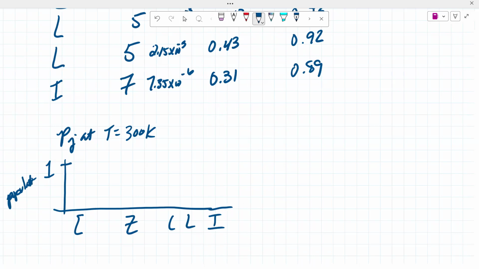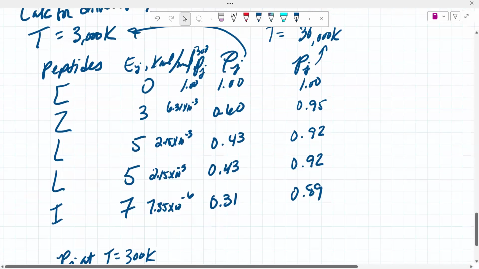Okay, this one is almost 100%. For all intents and purposes, this bar totally dominates. And just look at the order of magnitude that we had here.